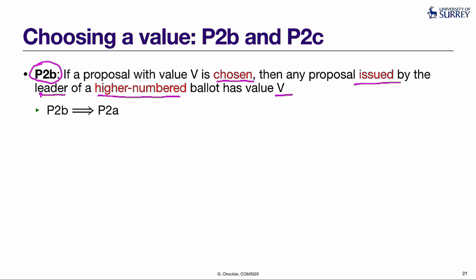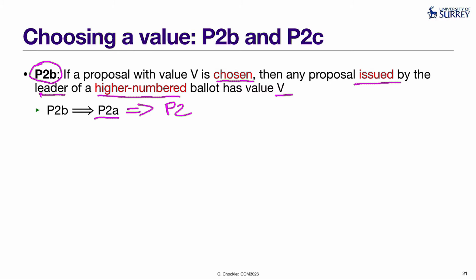That leader must be consistent with that value. The proposal issued by that leader must be consistent with that value. Of course, since only the proposals issued by the leader can ever be accepted, P2B obviously implies P2A, and as we have discussed, P2A implies P2, and P2 is what we need for agreement.